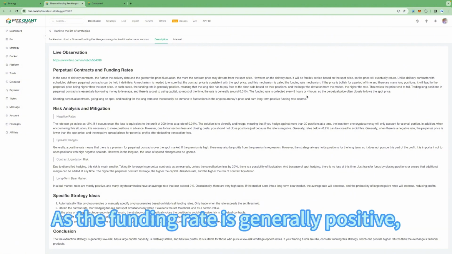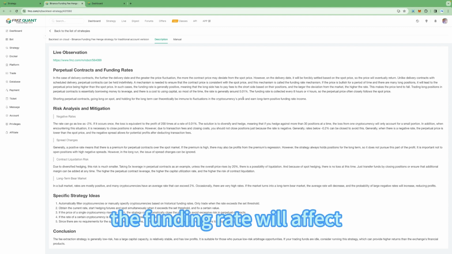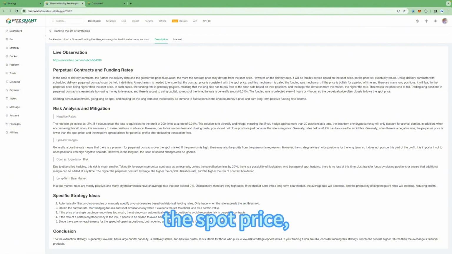As the funding rate is generally positive, at this time, the funding rate will push the price of perpetual contracts toward the spot price.